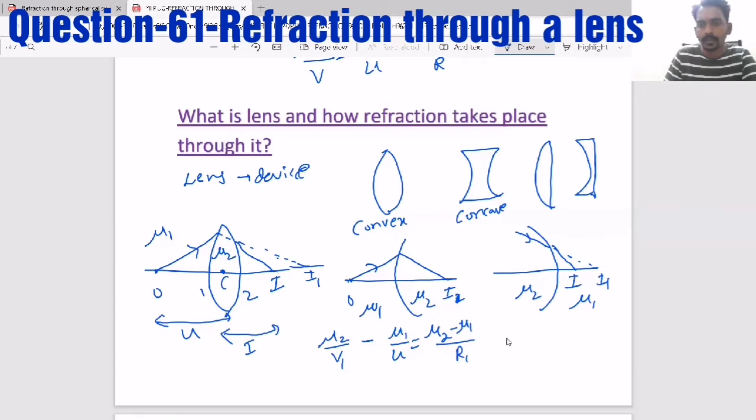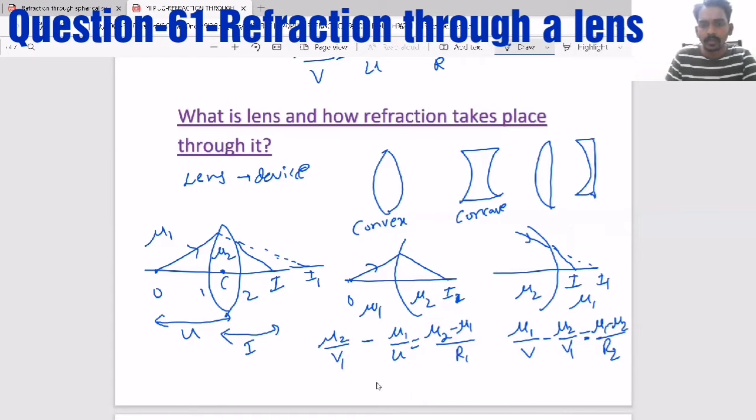For the second surface, the image is in mu1: mu1 by V minus mu2 by V1, the object, equals mu1 minus mu2 by R2.